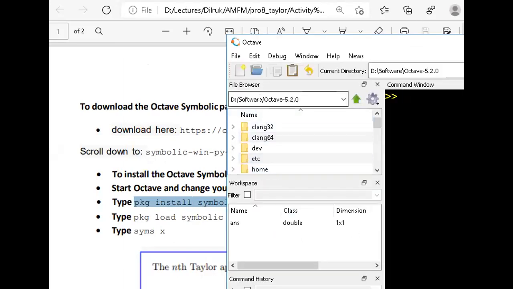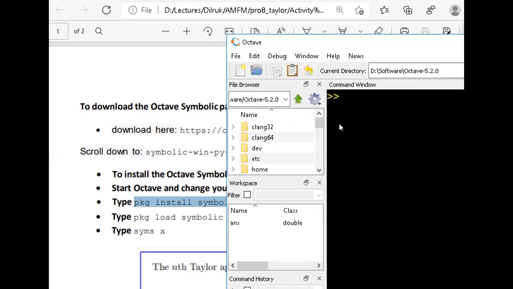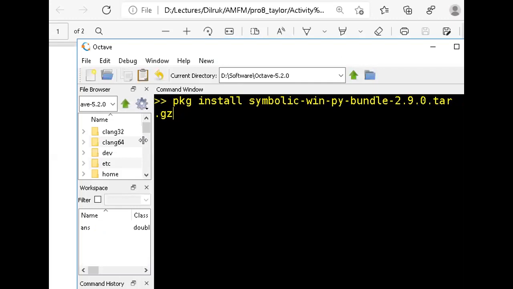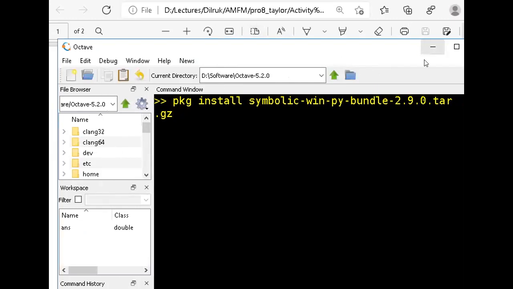So I am in the right directory. In this directory I copied that file, right? So now I can install the package. Let's see.